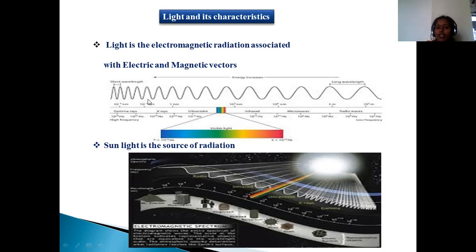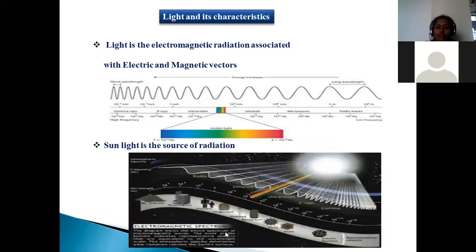This electromagnetic radiation is composed of various segments in accordance with increasing energy or decreasing wavelength. The highest energy portion is cosmic rays, then gamma rays, followed by X-rays, ultraviolet radiation, visible radiation, infrared radiation, microwaves, followed by radio waves. Cosmic rays have the highest energy, whereas radio waves have the lowest.